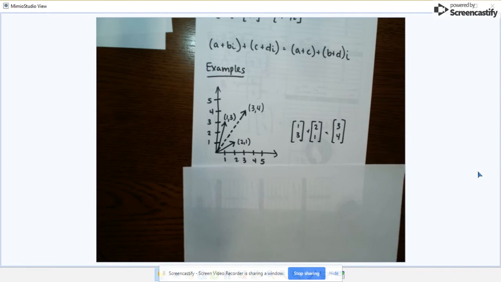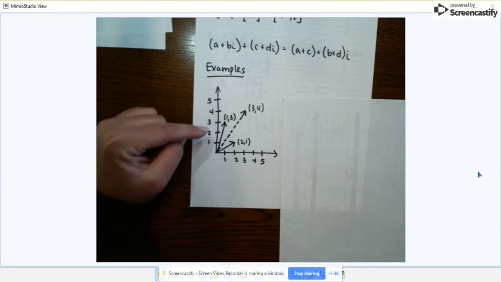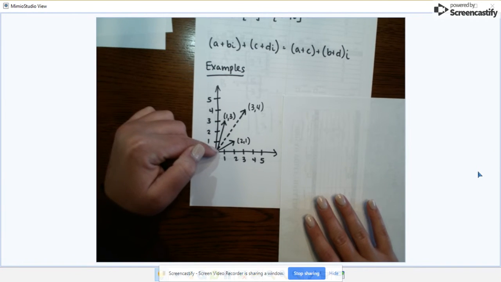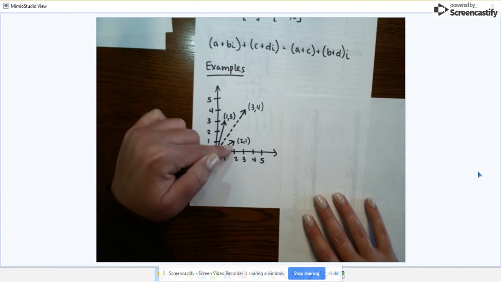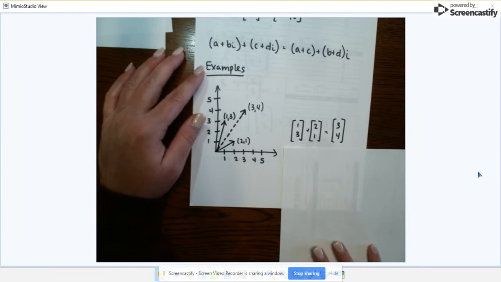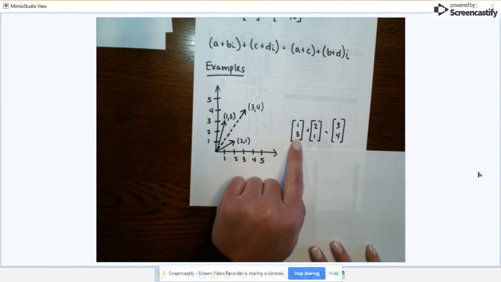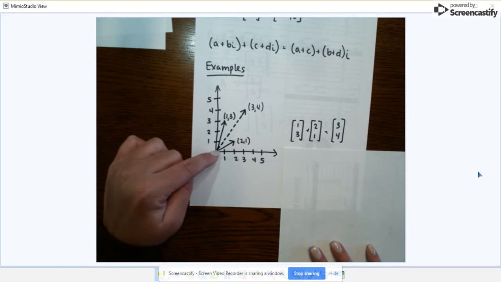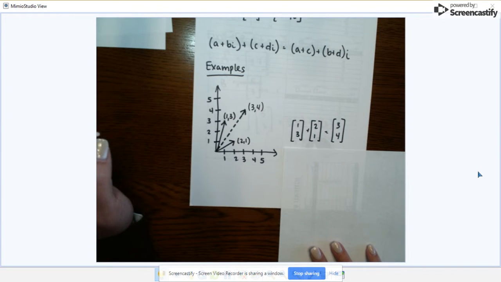So here's an example. The solid lines are the 2 vectors that we're needing to add. So we're needing to add 1, 3, and 2, 1. If you write them as matrices, 1, 3 plus 2, 1 gives you 3, 4, which I went ahead and drew in as well.